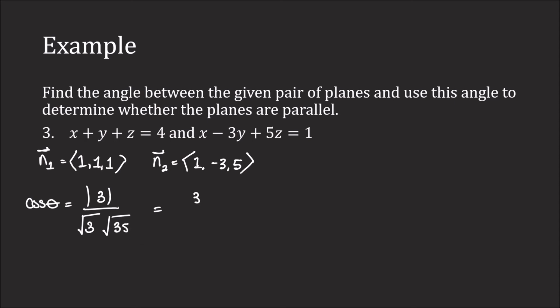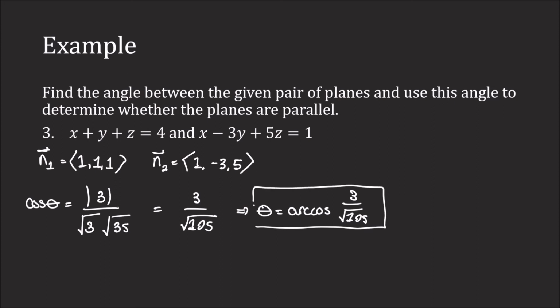So we get 3 over the square root of 75. I'm sorry, not 75, I was thinking that was 25. Square root of 105. So theta is the arc cosine of 3 over the square root of 105, which means these planes are also not parallel.